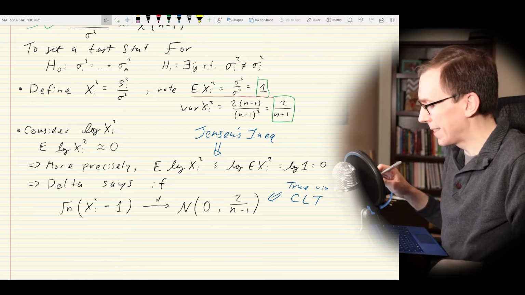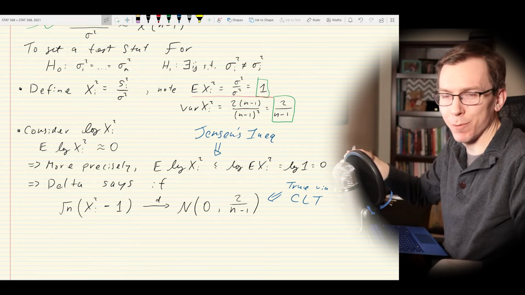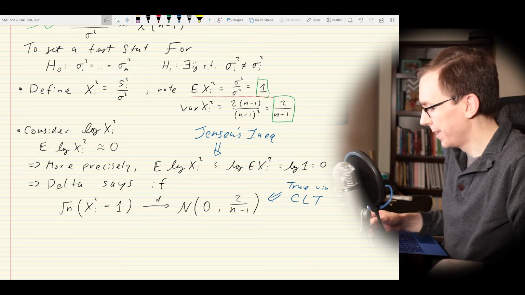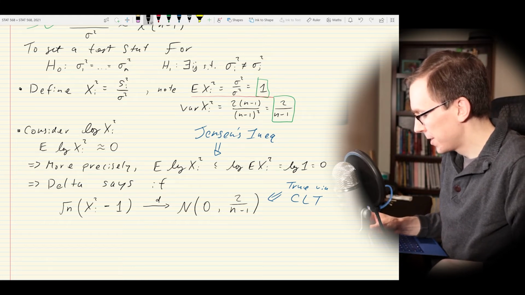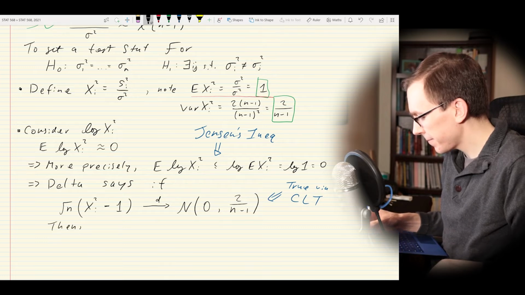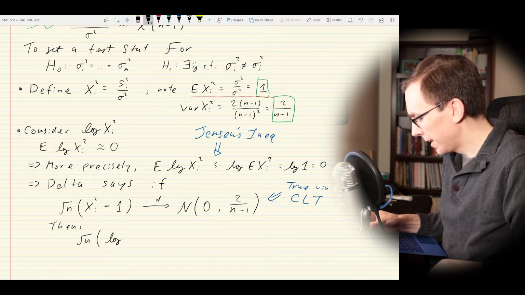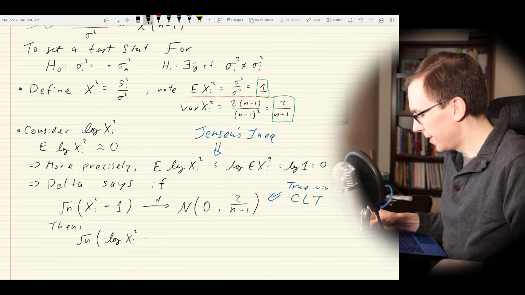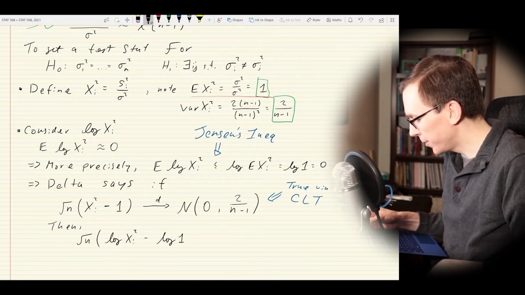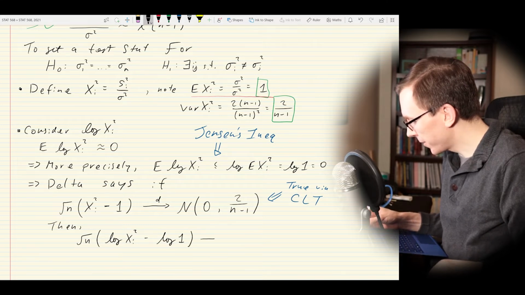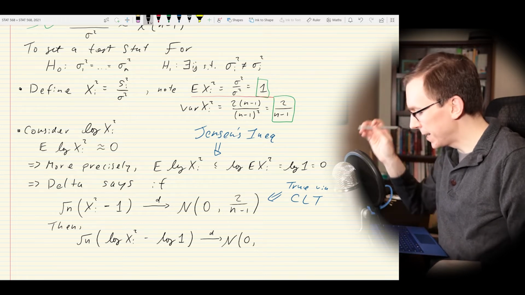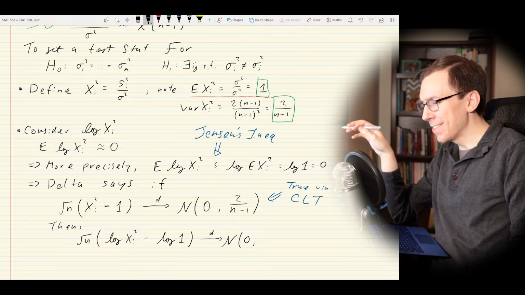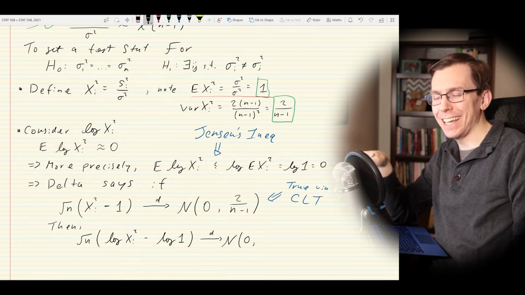But anyway, the delta method says that if we have a central limit-like theorem for x squared, then we're going to have one for a function of x squared. So what we get is that root n log of xi squared minus the log of 1, which is just 0, but we'll just do that anyway, is going to converge in distribution to something normal that is still mean 0. Now the variance is supposed to change, but in this case it doesn't.